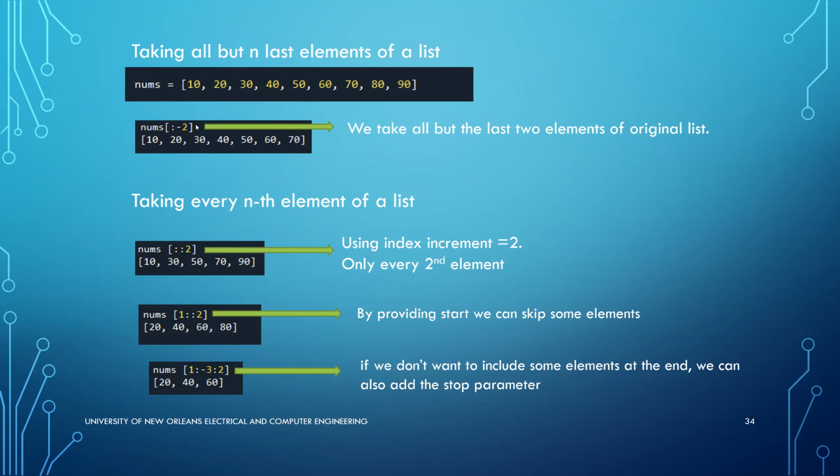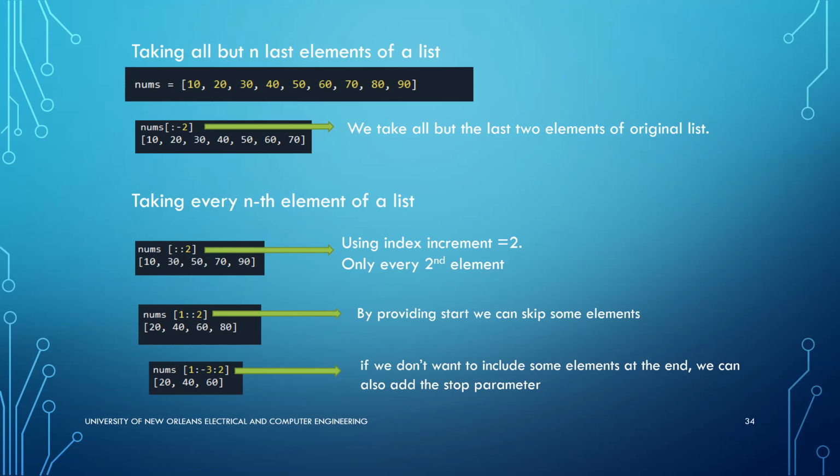So this command here brings us from element index 0, which is 10, and then it's going to increment one element at a time until it hits -2, which will not be included, so we'll see 70 here. So we take all but the last two elements of the original list, as you can see. All but the last two elements of the original list are included by this command.